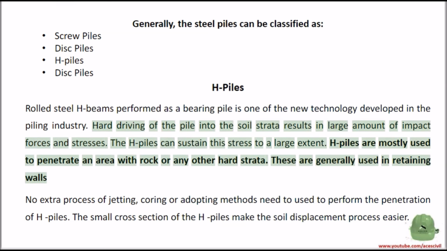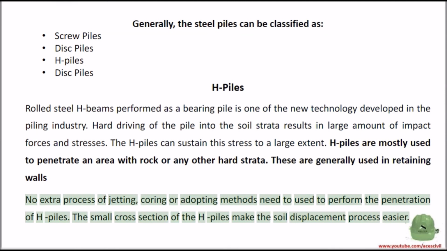H-piles are mostly used to penetrate an area with rock or any other hard strata. These are generally used in retaining walls. No extra process of jetting, coring, or adopting methods need to be used to perform the penetration of H-piles. The small cross-section of the H-piles makes the soil displacement process easier.